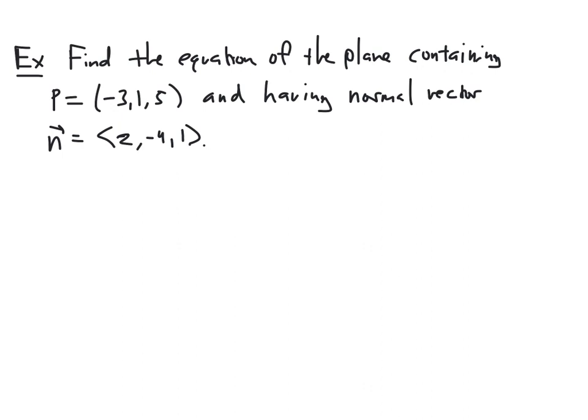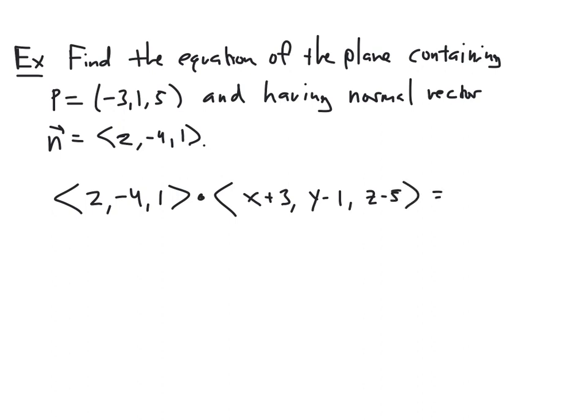Right? And so what we need in order to get the equation of a plane, if we want a vector equation, we need to take this normal vector, 2, -4, 1, and take the dot product of that with the vector x minus -3, which would be x plus 3, y minus 1, and z minus 5.